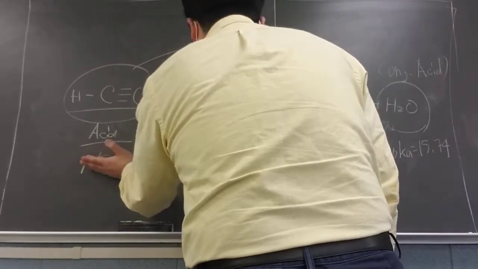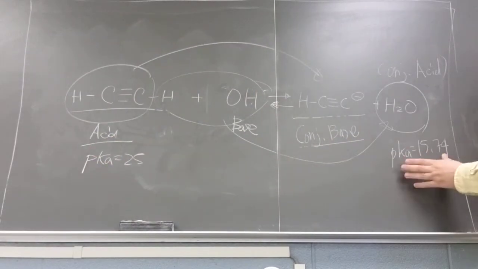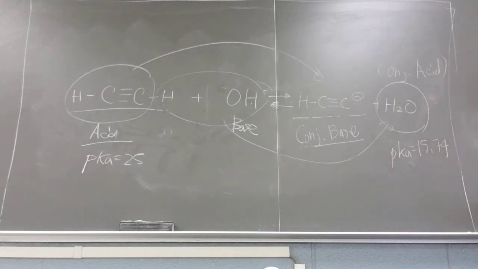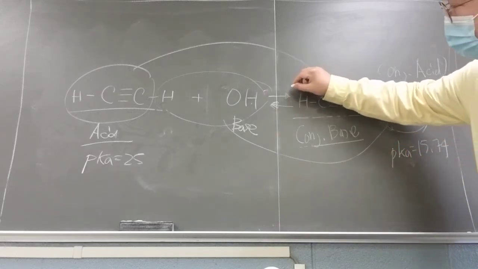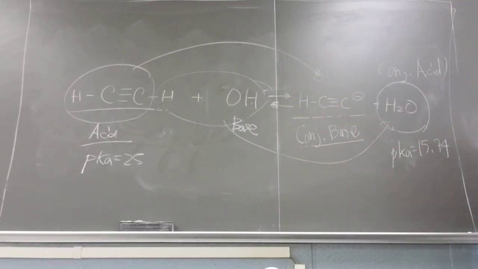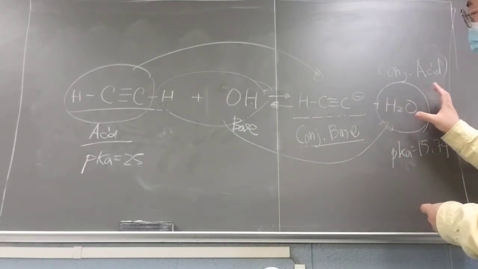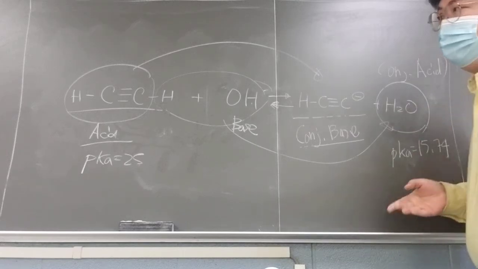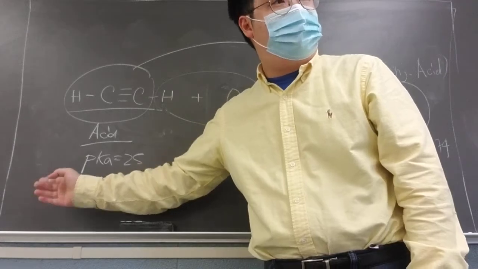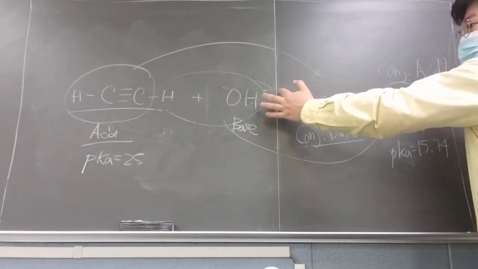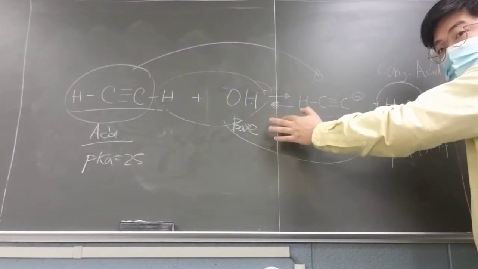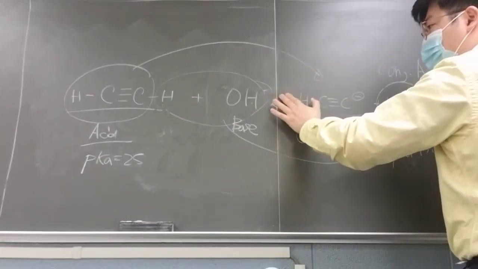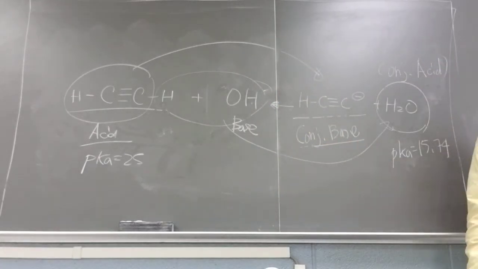This is pKa 25, this is 15, so the number on the right side is lower. Relatively speaking, water is a stronger acid than acetylene just by looking at the number. I know it can go both ways, but the direction with the stronger acid will be more dominant.